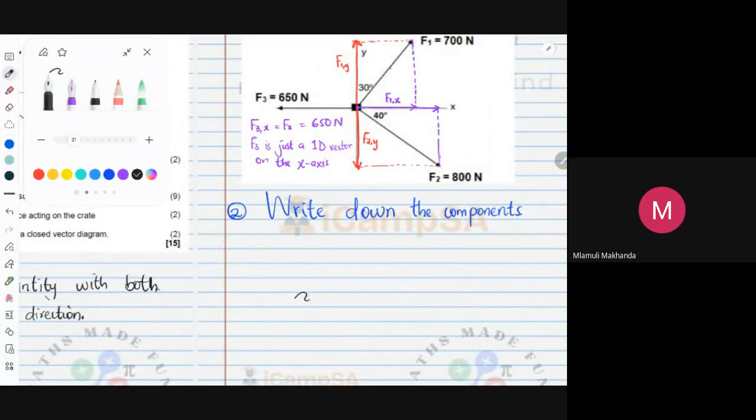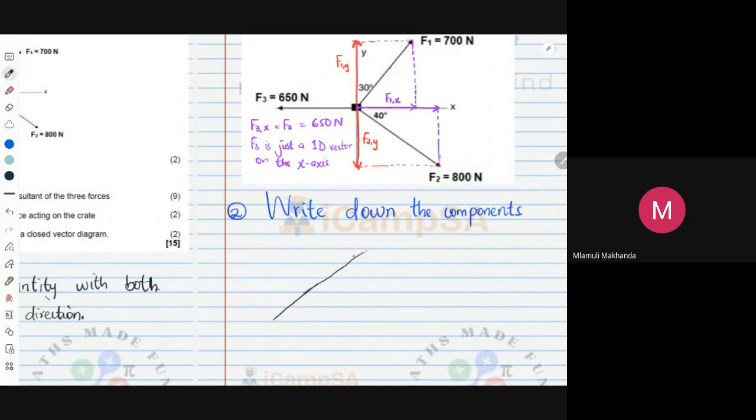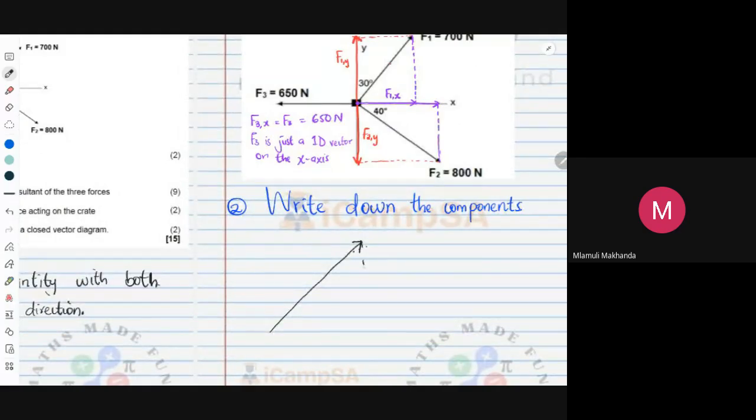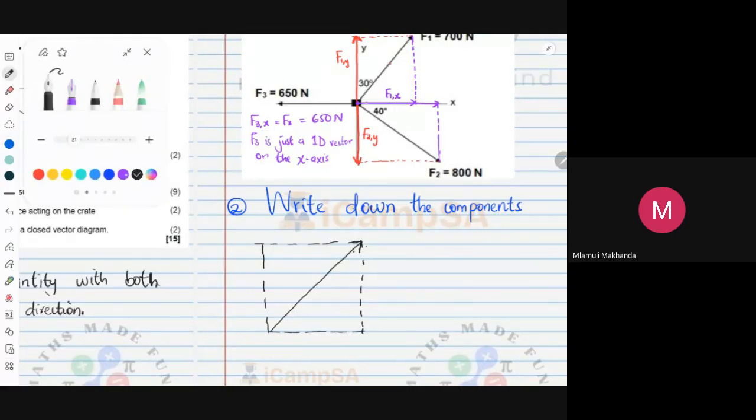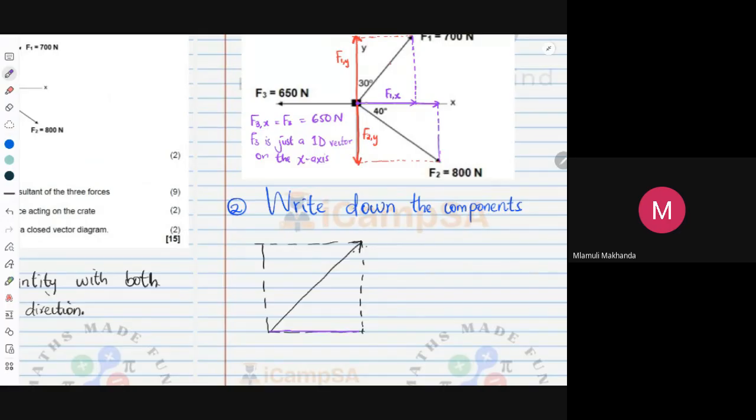We'll have to move a bit fast because we've already resolved it. You have something like this, okay? This might take a lot of pages because my diagrams are big. So F1, we have something like this. And what we said is we draw lines here and you draw a line there. Okay, let me just draw it to the tail as well. And then we took F1x from the tail to where this line is. That's our F1x. And then we took F1y from this line to there. Okay, it's misbehaving, this thing.